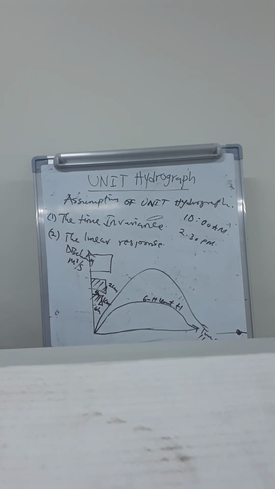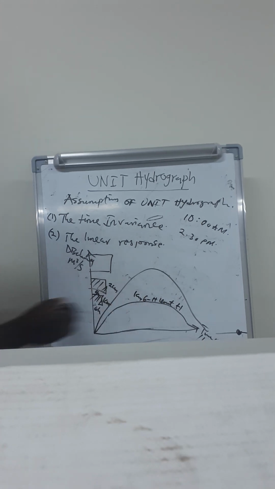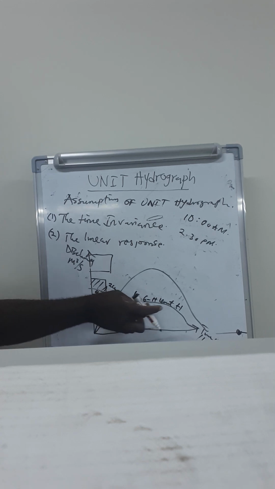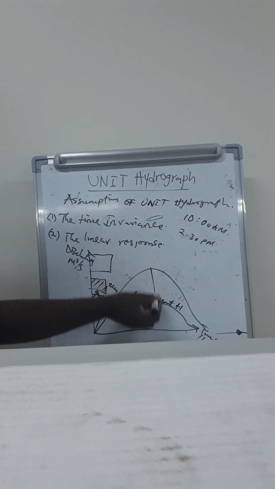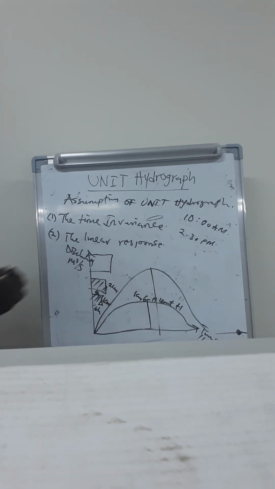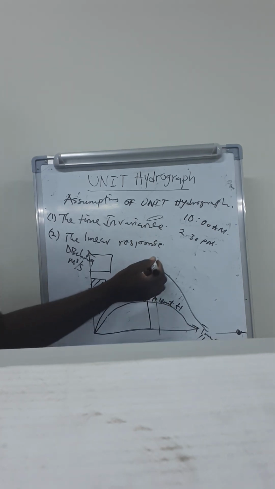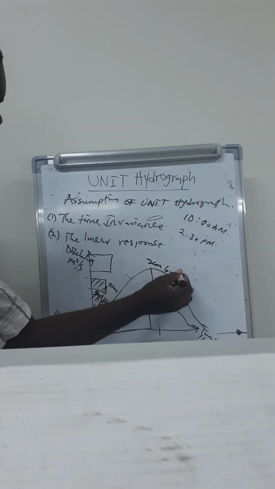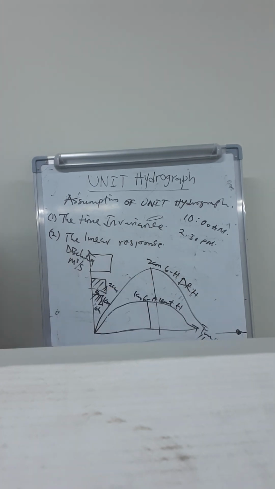If this is a 1 centimeter storm and this is a 2 centimeter storm, we expect the 2 centimeter storm to be bigger than the 1 centimeter unit hydrograph. The peak of the 2 centimeter will be higher than the peak of the unit hydrograph. So there is a linear response between the 6 hours unit hydrograph and the 2 centimeter 6 hours DRH, that is direct runoff hydrograph.